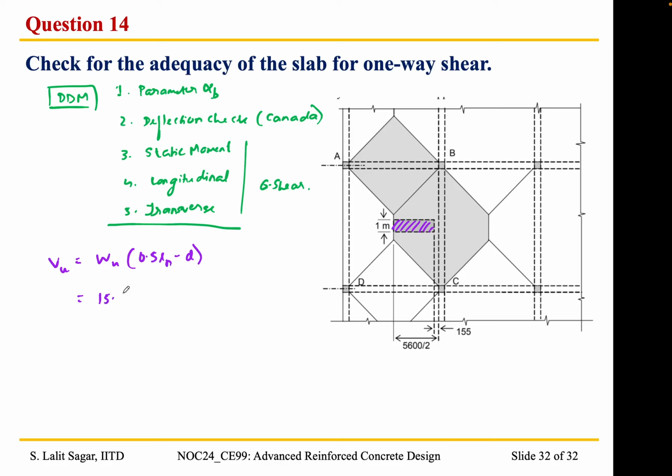W is 15.75 multiplied by 0.5 into the clear span, that is 6000 minus 400, that is 5.6, minus d is, as we have calculated earlier, for the shortest span 0.155. So we get the shear force as 41.66 kilonewton.